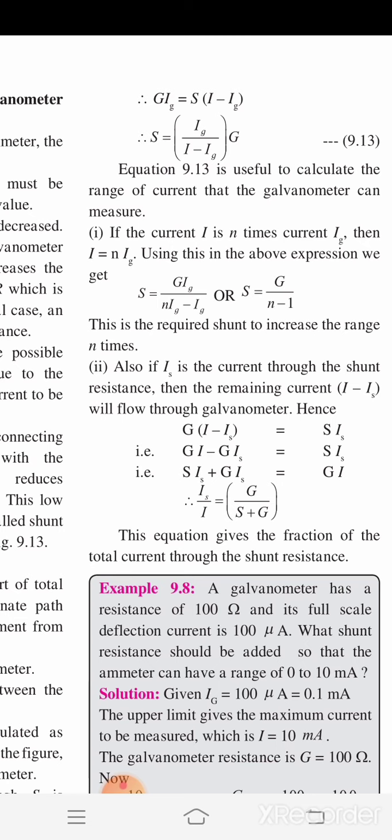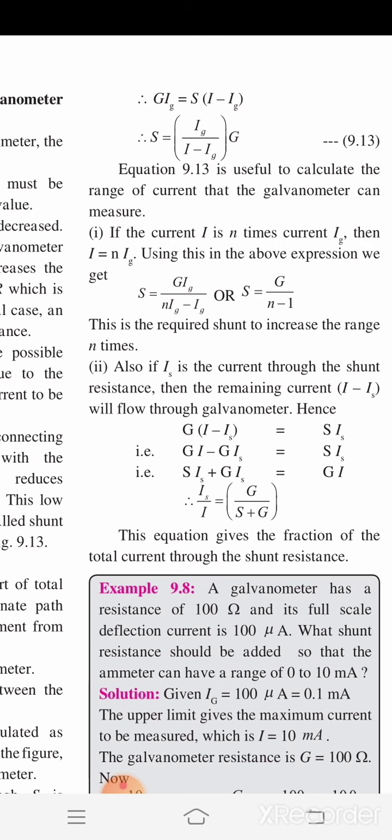Means to increase the range of the ammeter N times, we use the equation S is equal to G divided by N minus 1, where S is the shunt, G is the resistance of the galvanometer, N is the N times current of Ig, and also S is equal to G into Ig divided by N Ig minus Ig.